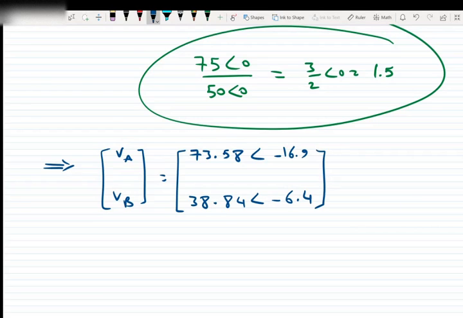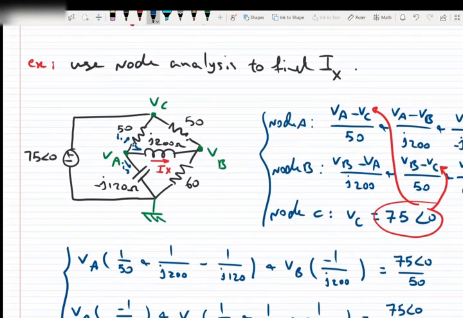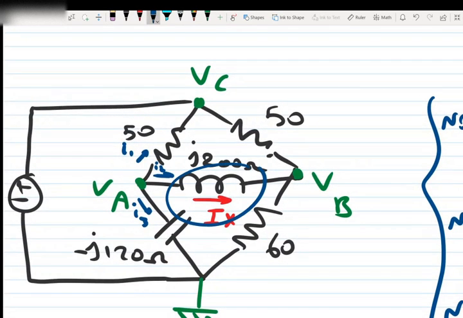Now that we got the voltages in all nodes, we need to find Ix. If we look at Ix, we see that Ix is the current passing through the inductor.